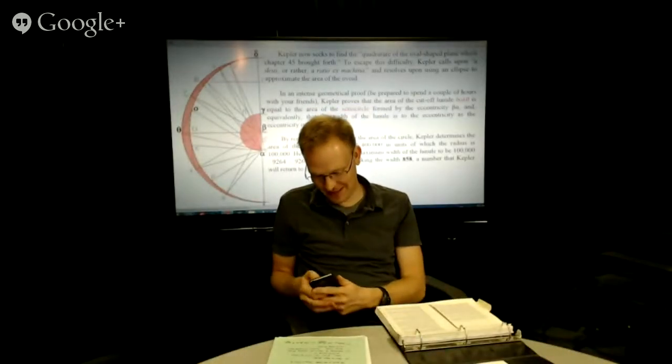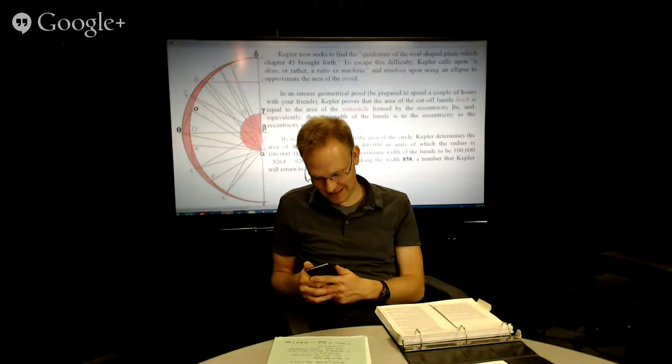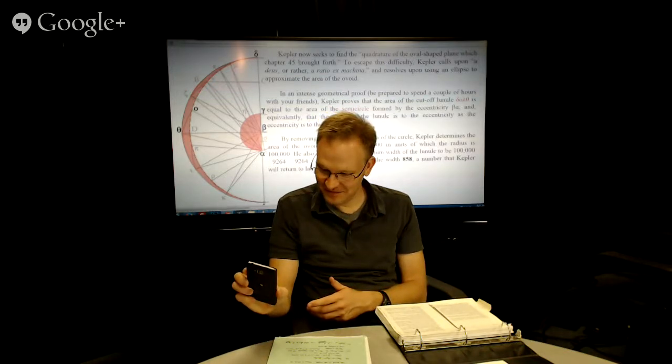So can anyone, just to review, between the mean longitude versus the mean anomaly, what's the difference between those two? What do those words mean? I guess the mean anomaly used to mean the angle from the equant, but I guess now it means the angle from the center without the equant.